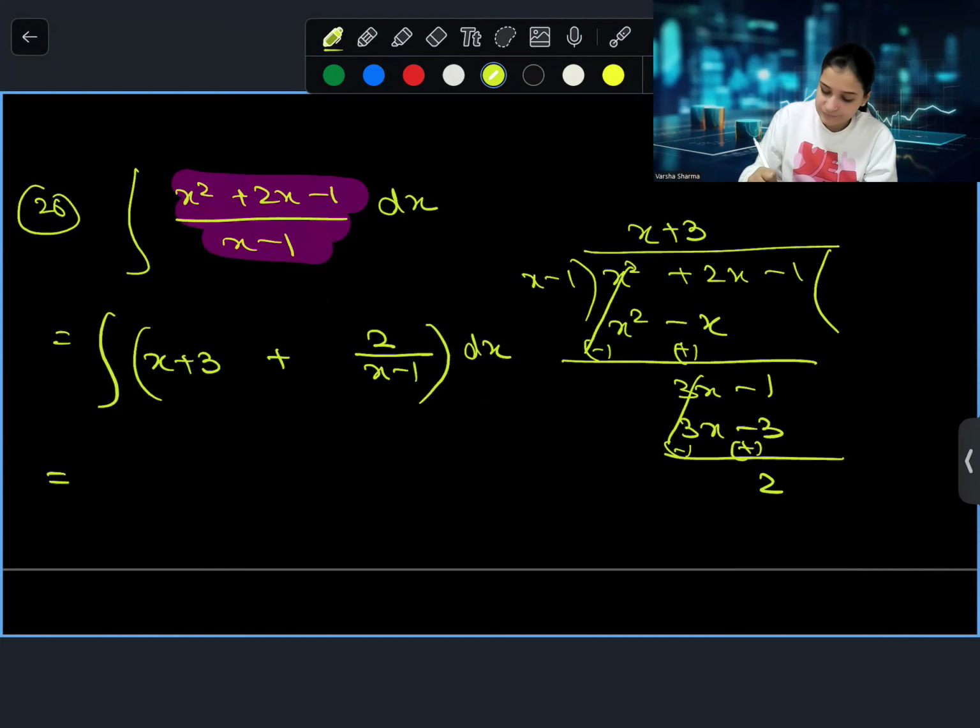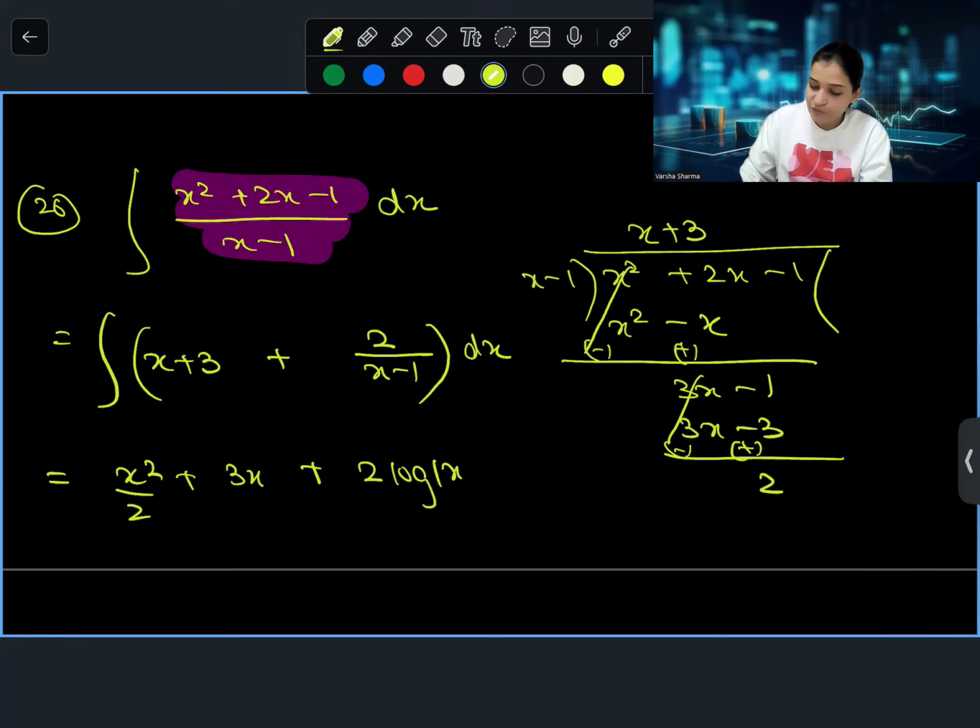Integration of x is x square by 2, plus 3, 3x, then log x minus 1. From chain rule, I'm getting 1 itself, so it doesn't matter.